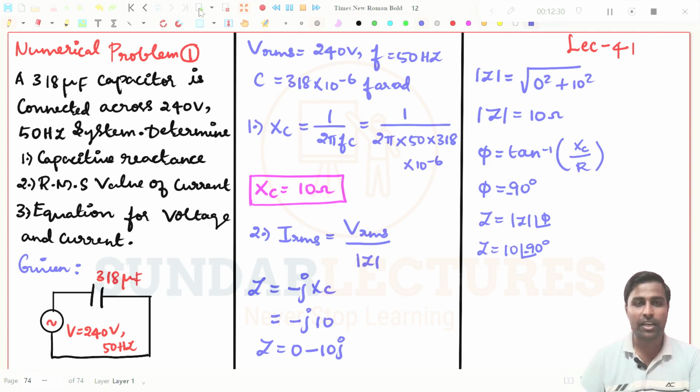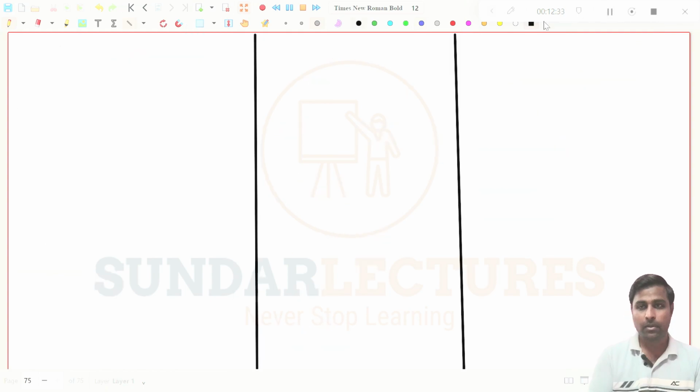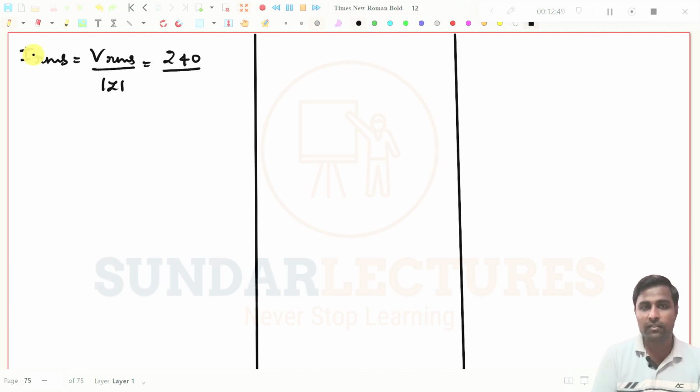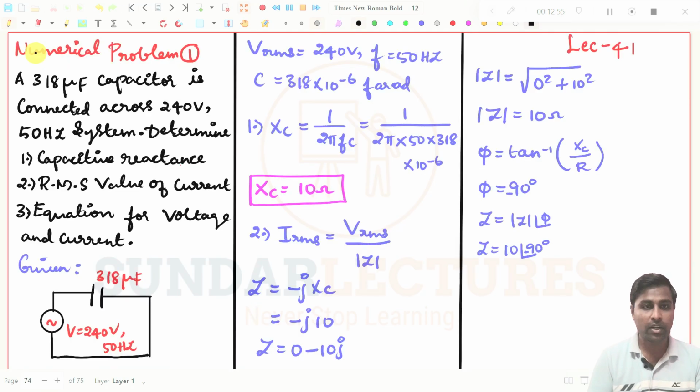So what will we get? I will take a new page. IRMS will be equal to VRMS by modulus of Z. And what is the value we have got for this? 240 divided by 10 ohms. Is it 230 or 240? It is 240, right?